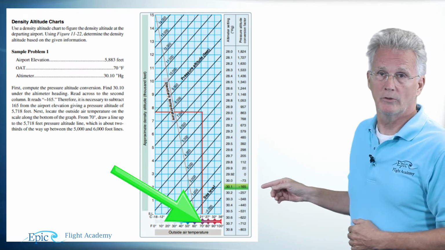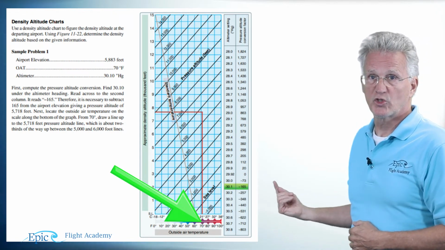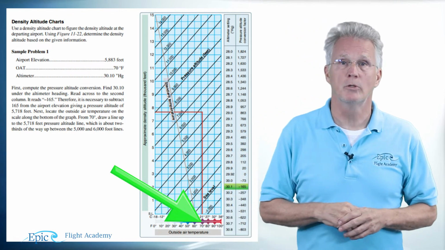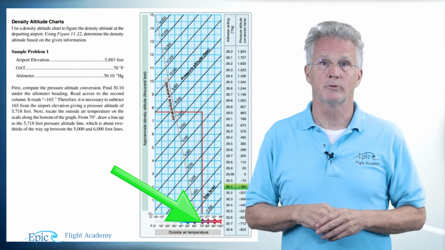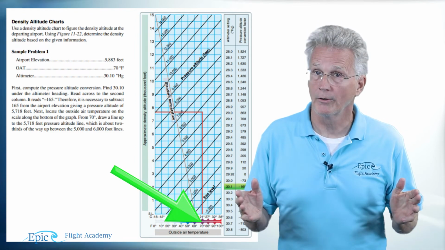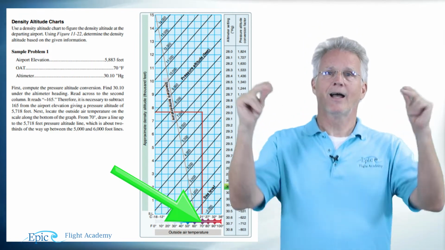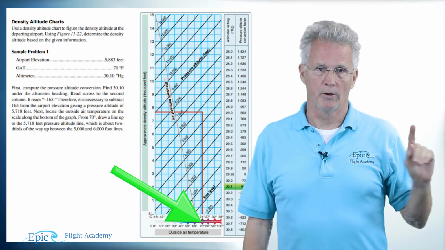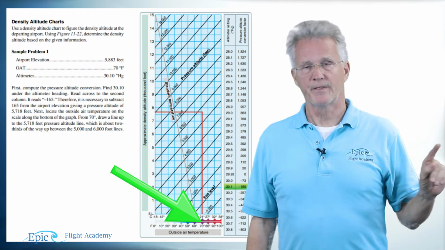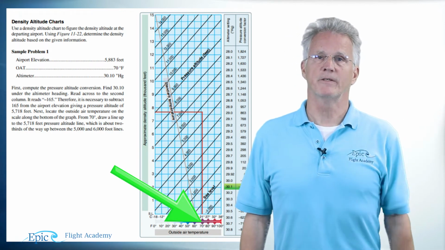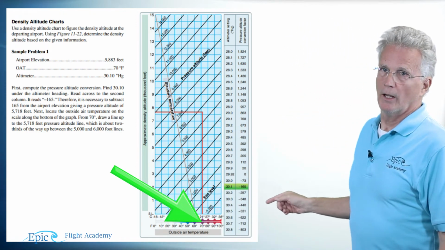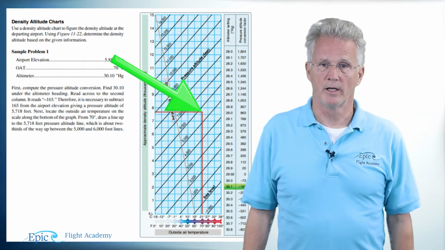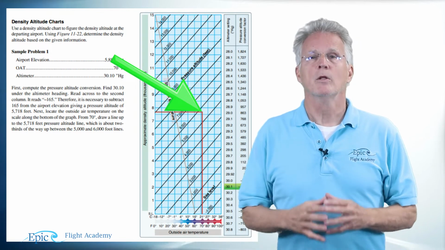Now I'm going to come straight up the chart from that temperature to my current pressure altitude. What's my current pressure altitude? Aha! That's why we needed step one. Remember, we already calculated it: 5,718 feet. So from the temperature, I'm going to come straight up to 5,718 feet.